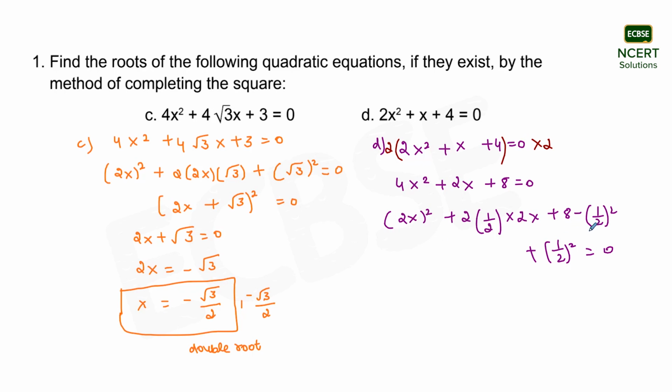So now we can easily apply the identity over this term and this term, that is a plus b whole square, that is 2x plus 1 by 2 whole square plus 8 this term and minus 1 by 4, which is equal to 0. Right? Or we can also write it as 2x plus 1 by 2 whole square is equal to minus 31 by 4.